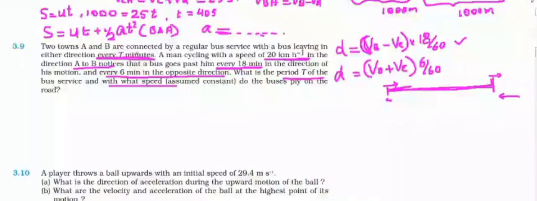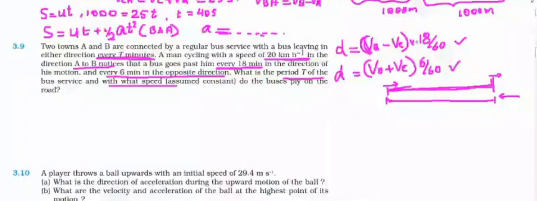So in such a situation, we can see between two successive overtaking, if the bus is having constant speed, every t minutes one bus is there, the bus traveling opposite direction also should travel the same distance, because both the direction bus is going with the same speed.